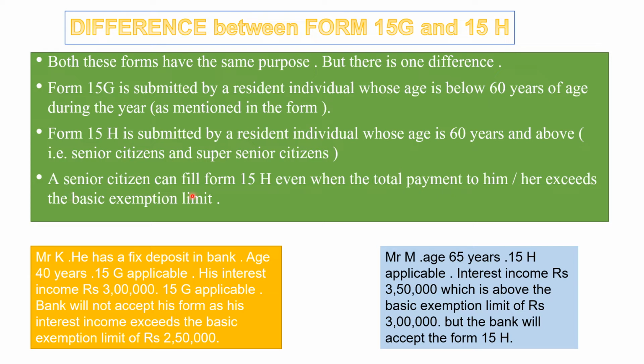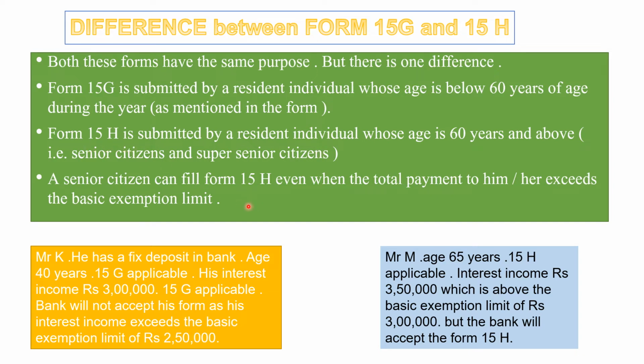A senior citizen can fill Form 15H even when the total payment to him or her exceeds the basic exemption limit. This is one more major difference between Form 15G and 15H. The first difference I told you is that for people below 60 years of age, it is Form 15G, and for those above 60 years of age, it is Form 15H.